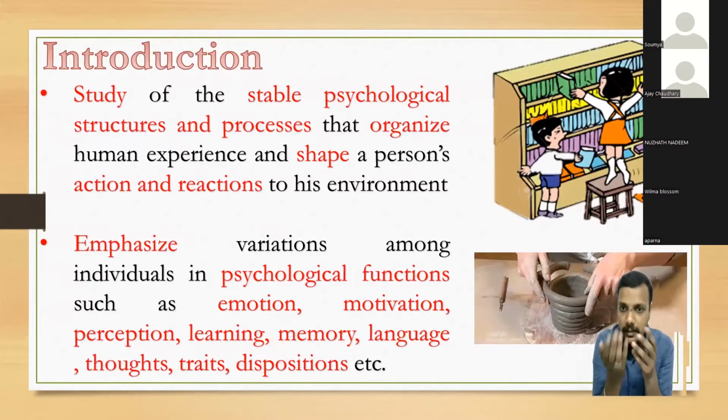As I said in the previous example, whenever we have some experience, our reaction or action to the situation comes based on that experience. In the study of structure and process, we emphasize variations among individuals in psychological functions. What are those psychological functions? Emotions, and how emotions change a person's behavior.